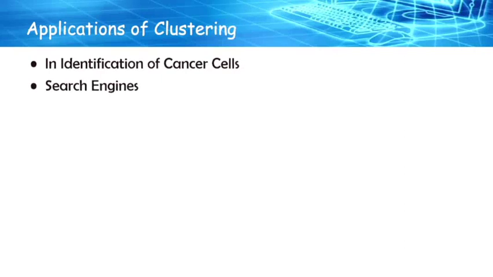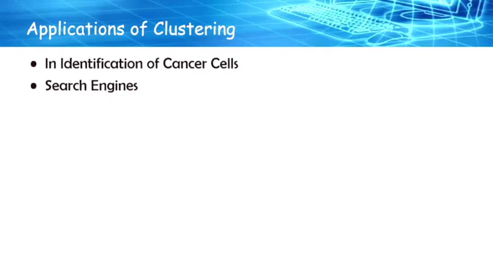Search engines also work on clustering techniques. When I'm giving examples, it's not limited to one type of algorithm; they use many algorithms, so sometimes the application might repeat, but the use in that particular case will be different. Search engines also use recommendation systems.